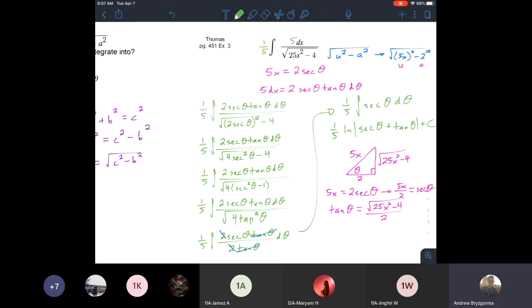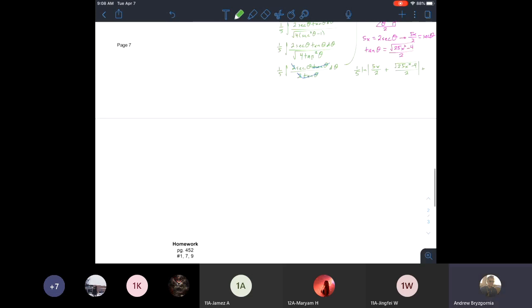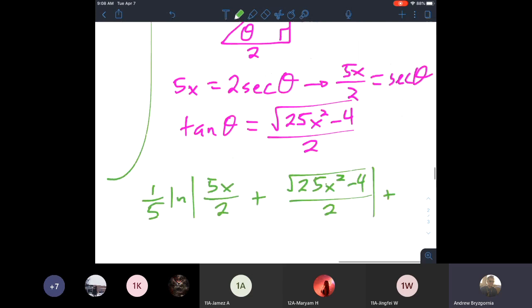And we are finally done. 1/5 times the natural log of secant was 5x over 2, and tangent was the square root over 2. Oh, geez, sorry. And then plus c.